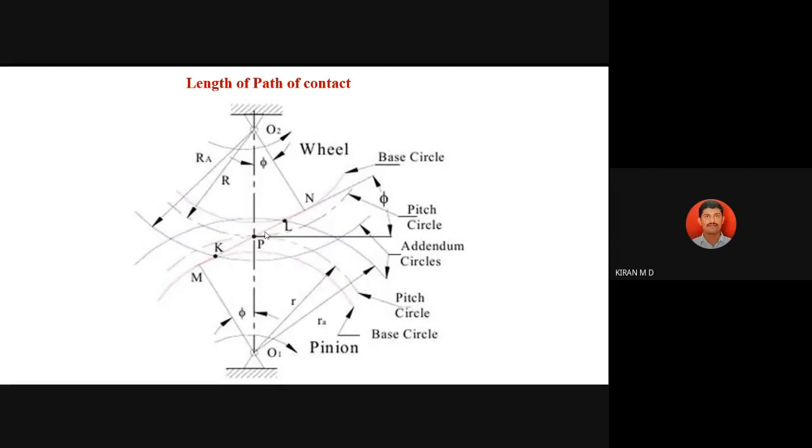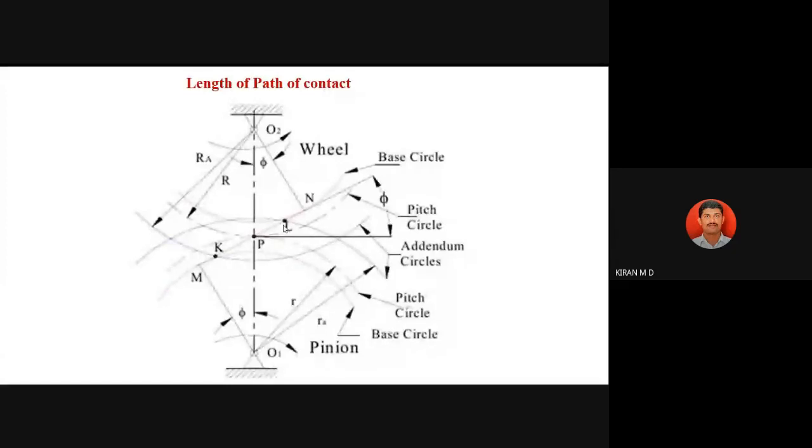Sliding velocity at disengaging, we consider the path of recess. The length of KP we call the length of path of approach. The length of PL we call the length of path of recess.